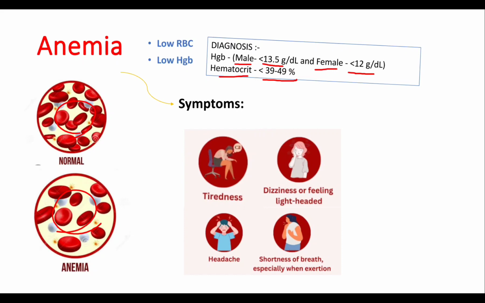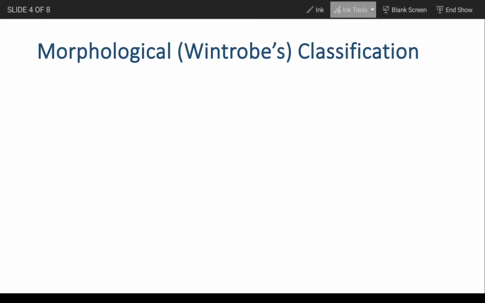Indeed, there are many mechanisms to categorize anemia. In that, one which is clinically useful to categorize anemia is the morphological classification. It is also known as Wintrobe's classification.